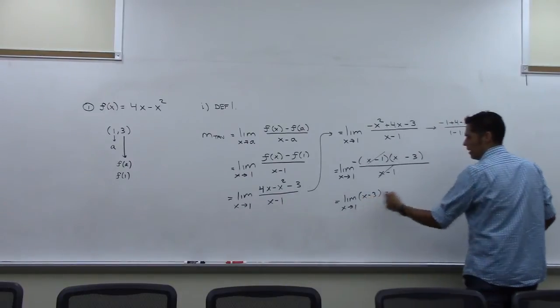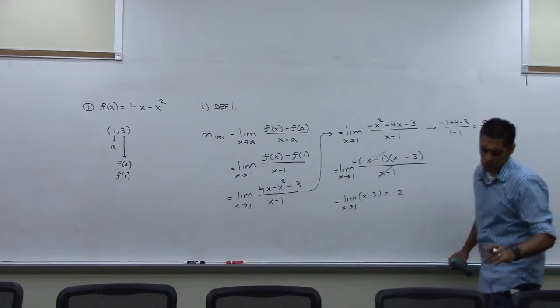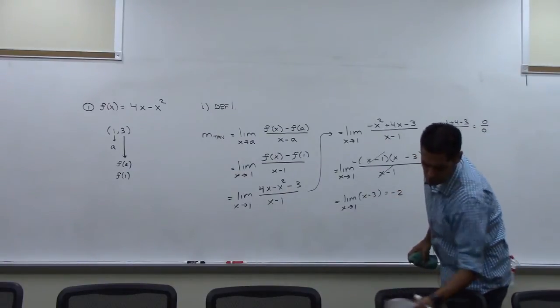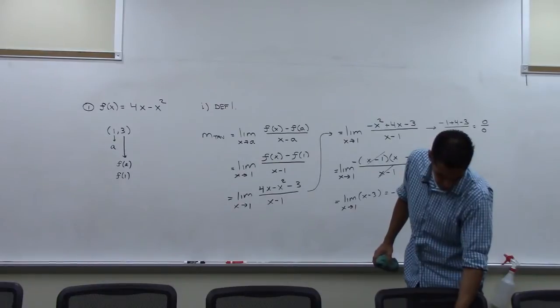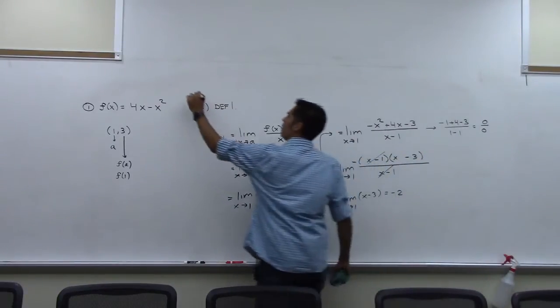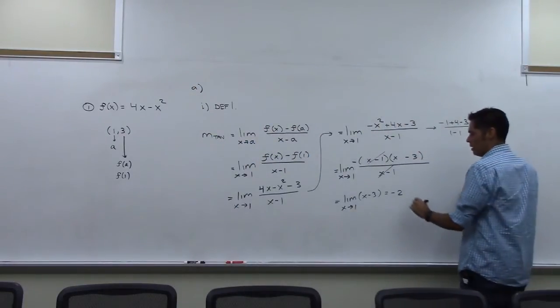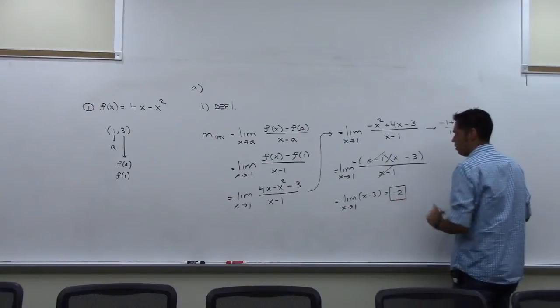As we let x go to 1, just direct substitute, we get negative 2. They were asking for the slope, so for part A, the slope of the tangent line should be negative 2.